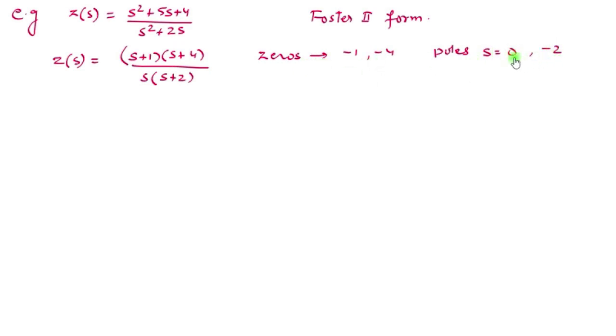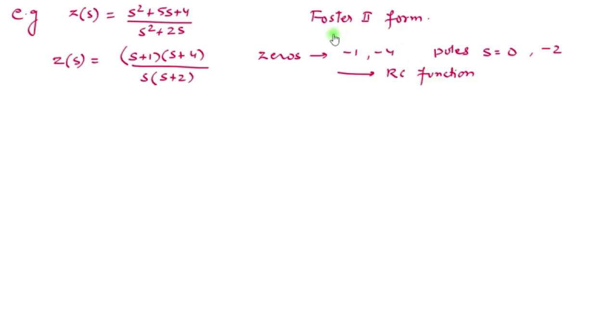Now from this I can clearly see that it has a pole lying at the origin, or that is, it has a pole which is nearer to the origin. So if any function has a pole nearer to the origin, then it surely must be an RC function. So that means we are given an RC impedance function, and we have to realize this using the Foster 2 form.